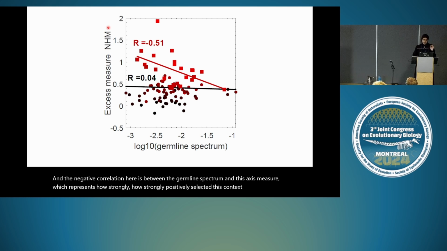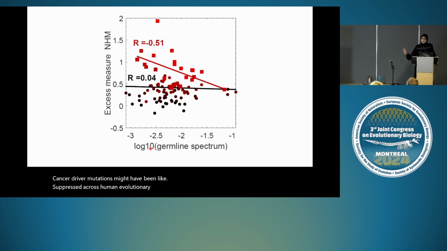Simply what this is saying is that the stronger a mutation is positively selected or leading to cancer, the less likely it is to happen in the germline, which suggests that cancer driver mutations might have been suppressed across human evolutionary history, but this definitely needs more investigation.